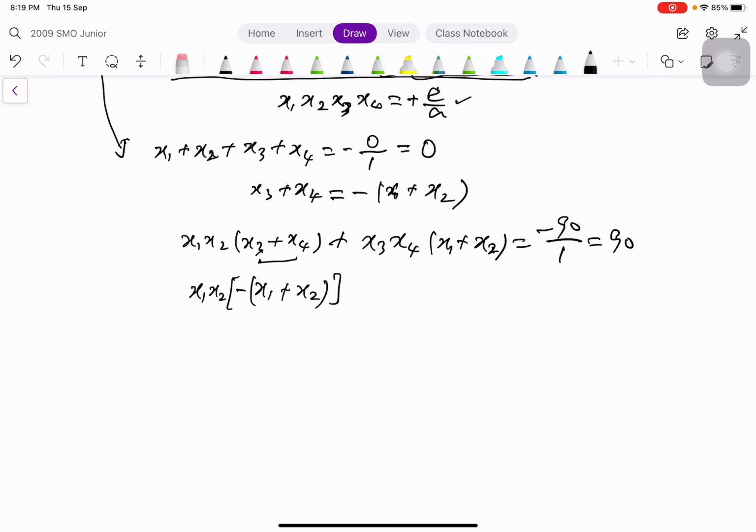In this case, x1 times x2 is 49. Then the first term is negative times 49, plus x3x4, and this will be equal to minus 90.